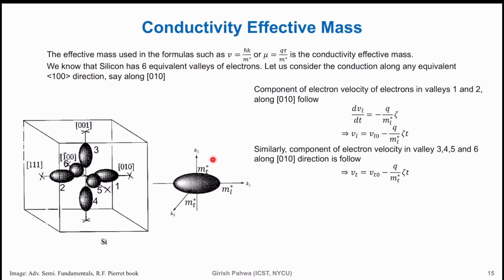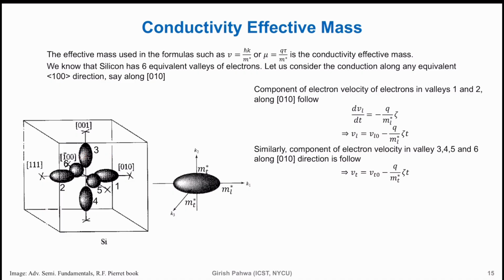So how do I calculate that? The simplest way would be to just take the average. Some of them are moving with the longitudinal effective mass, some with the transverse effective mass. Let me just take the average.